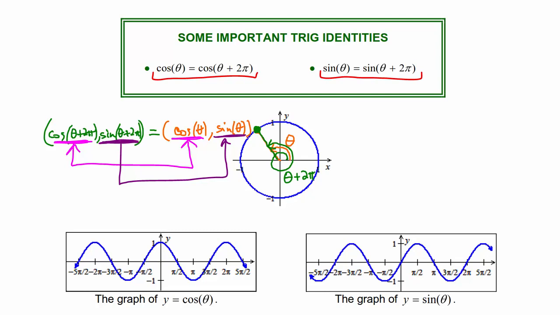The other way to look at it is in the perspective of the wave graphs. As I mentioned before, I think of these identities as referring to the period of the sine and cosine functions.